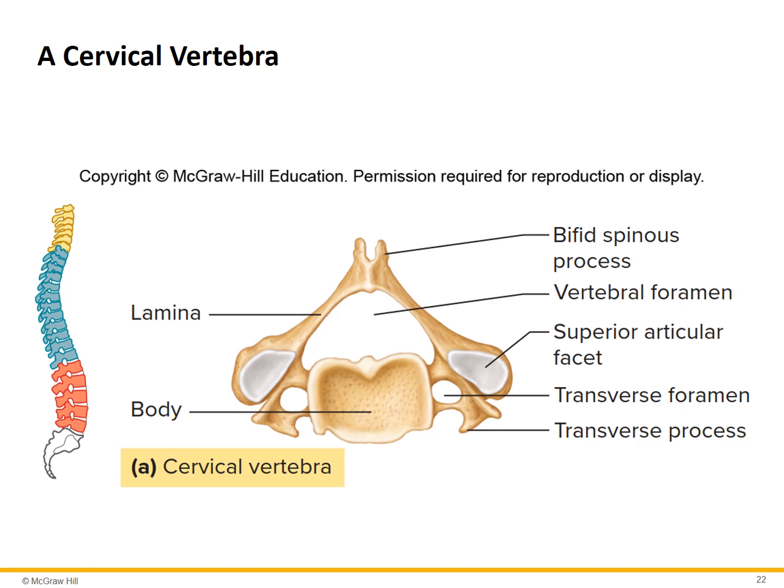To me, the easiest way to identify that this is a cervical vertebrae is to look at the transverse foramen. These are additional openings that are found on either side of the body of the vertebrae. This is a passageway for the vertebral artery. The body of the cervical vertebrae is also much smaller than that of the thoracic or lumbar.